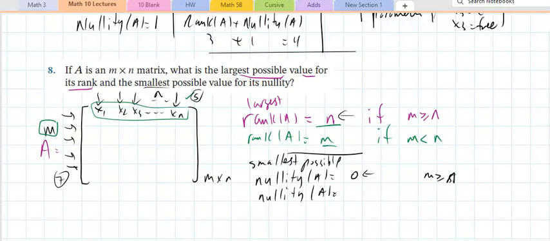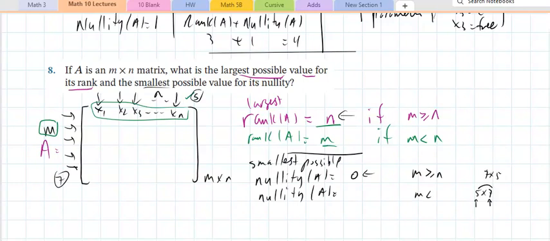So this is like having 7 by 5. But if I have 5 by 7, for example, I have 5 equations and 7 unknowns. Obviously, I'm going to have 7 minus 2.